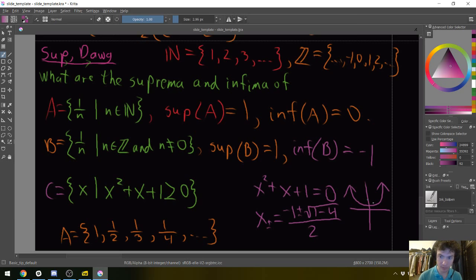So if that's true, if this parabola is always strictly positive, we have a simpler expression for the set C of all x where this thing is positive. What is that simpler way of writing this set? X is greater than 0? Well, x such that x is greater than 0. Well, I think so, x greater than 0 is this side of the line, but I think we were arguing that it's also positive over here as well, right?